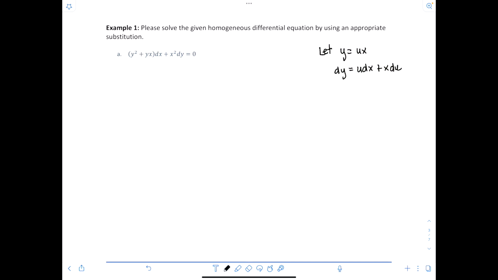Now we have to put this substitution into our equation. Everywhere I see a y, what do I put in? Beautiful, u times x. Where I see dy, I put in this other expression.